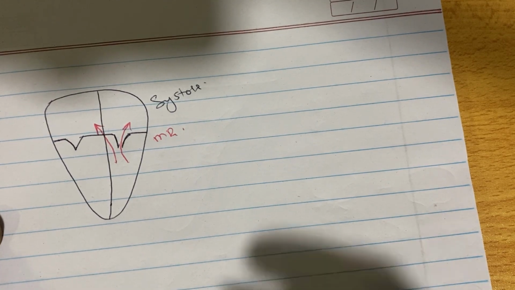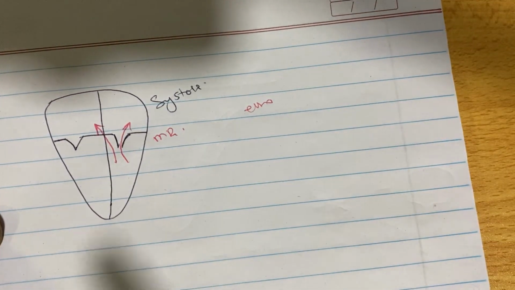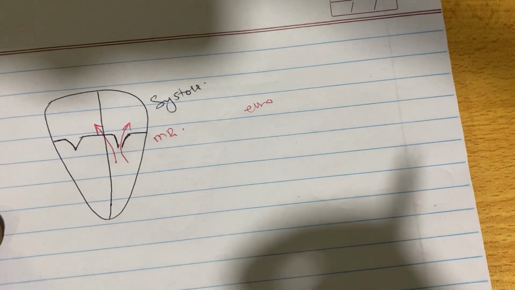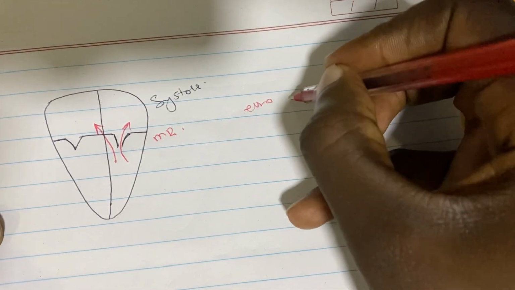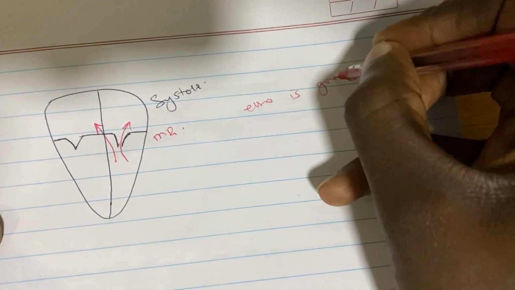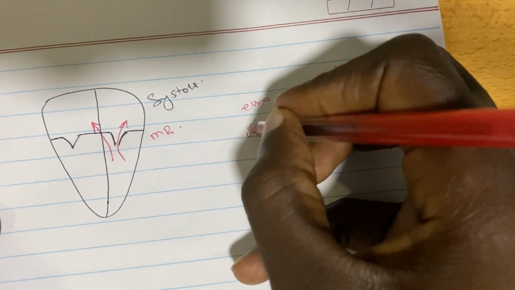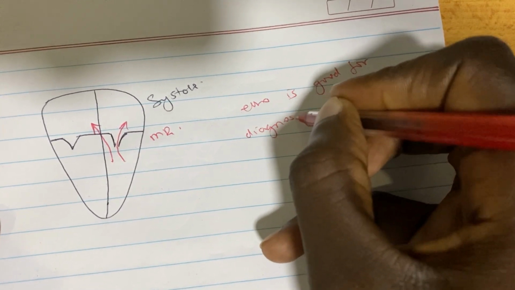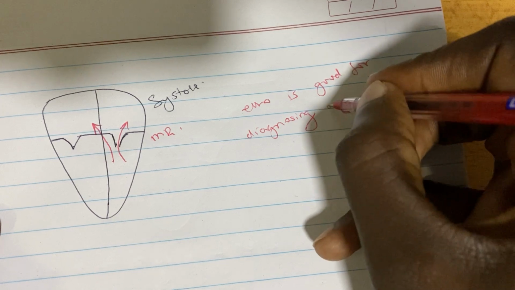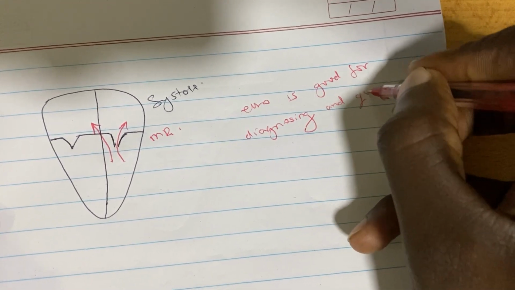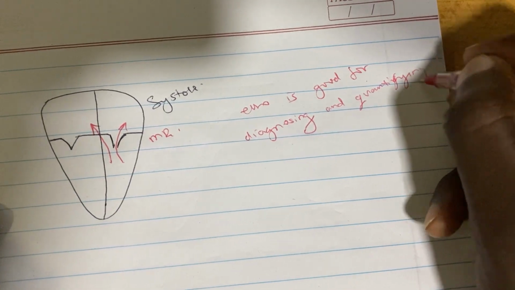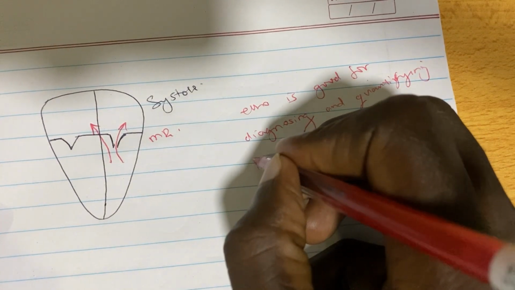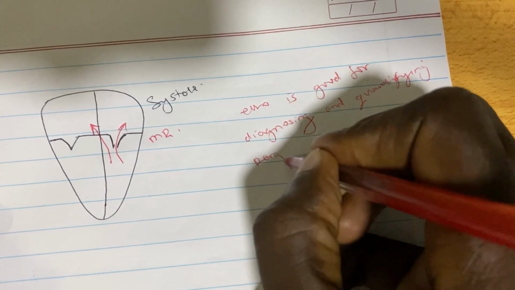So on echo, that is 2D or 2D transthoracic or transesophageal, all of them are good for diagnosing and quantifying regurgitations.